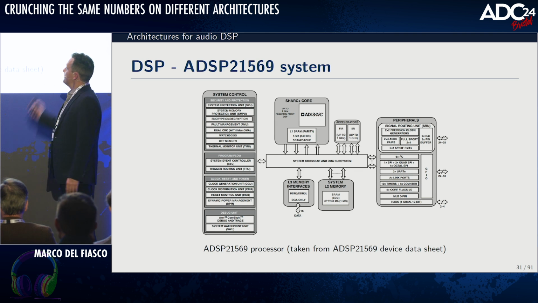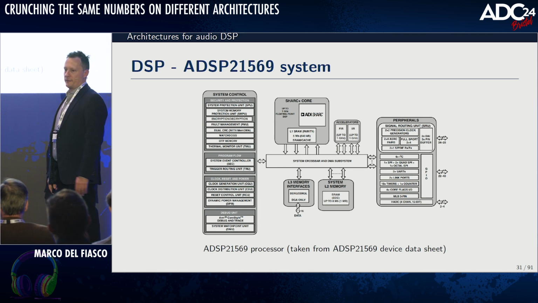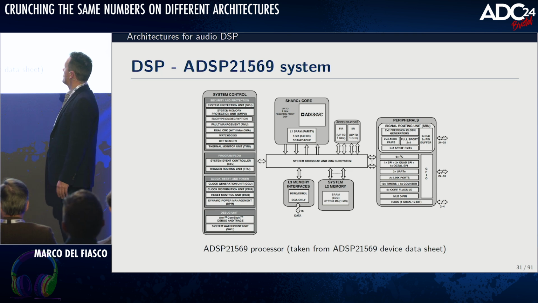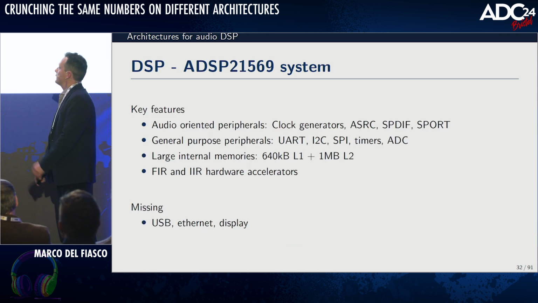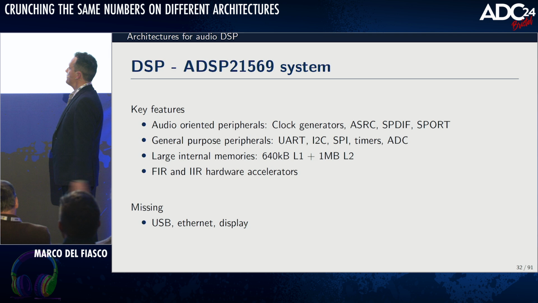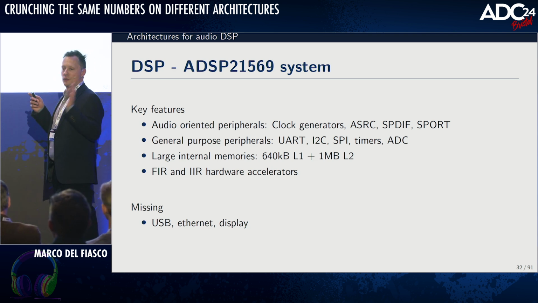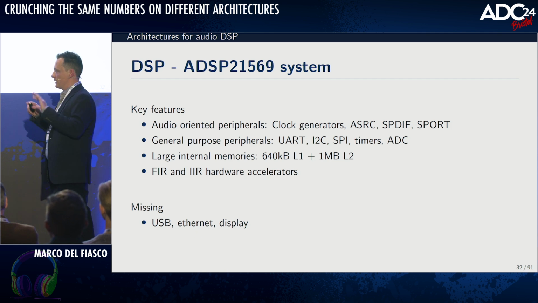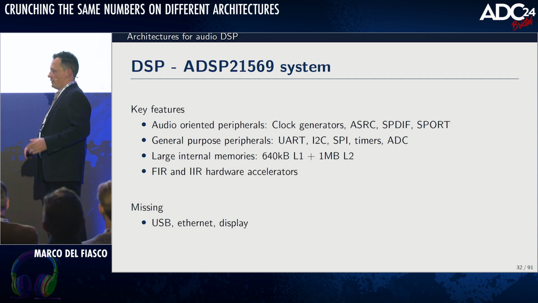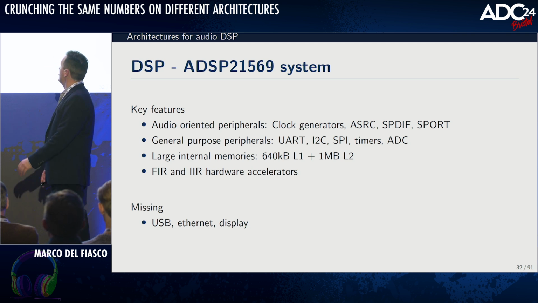This is the block diagram of the DSP I used for the IIR filter tests. So we see that it also has accelerators, even if in my test I didn't use the accelerators. You can see the core and some number of peripherals. So the key features of a DSP, taking this as an example, are audio-oriented peripherals, like clock generators, asynchronous sample rate converter made with hardware, so with zero CPU overhead, and of course all of the SPDIF and audio port management hardware.